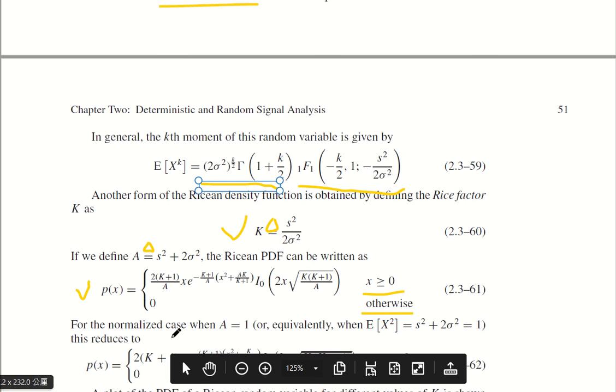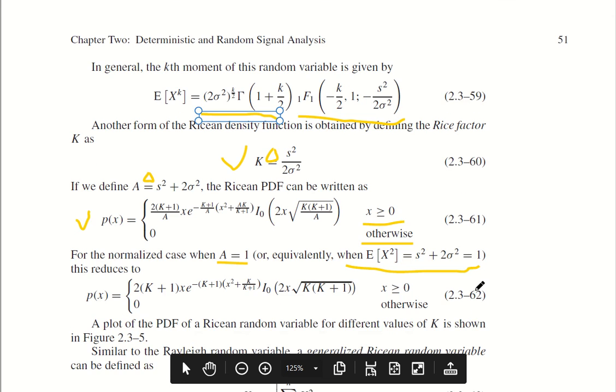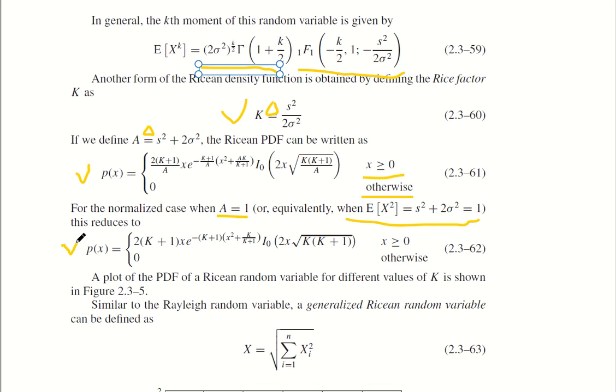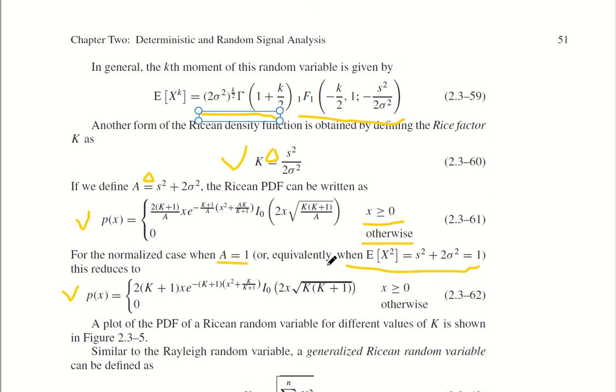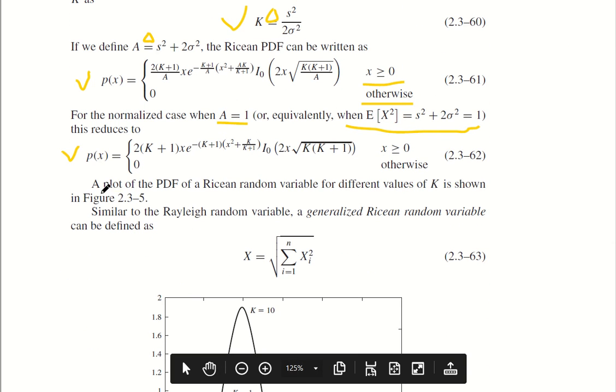For the normalized case where a equals 1, this reduces to this. And that k factor actually determines the shape of the distribution. So let's take a look at the plot.